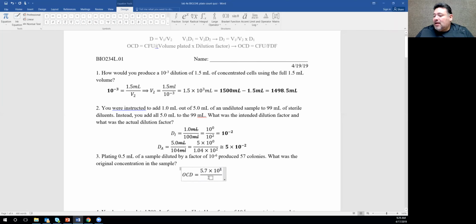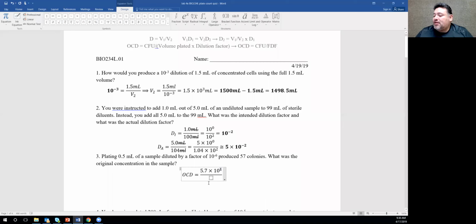I mean, if I take 5.7 and I multiply by 10, I end up with 57. Okay. In the bottom, it is the dilution. We're going to divide by how much it was diluted and also what the volume plated is. So the volume plated, how much did we plate? We plated 0.5 mLs. So we're going to put our plated volume.